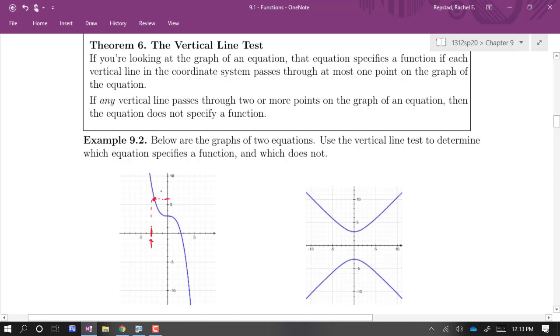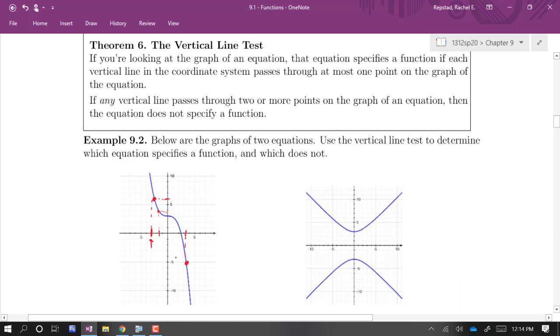And we see that happening right here. In fact, no matter which value I take, there's only one y value that corresponds to that x value.